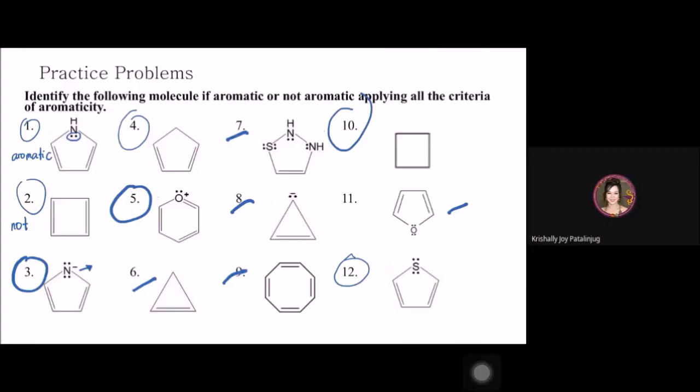Yes, very good, sp3. It carries a lone pair and has no double bond, therefore 1 lone pair will be counted as pi electrons. How many pi electrons all in all? 6. Is it aromatic or not when there are 6 pi electrons?